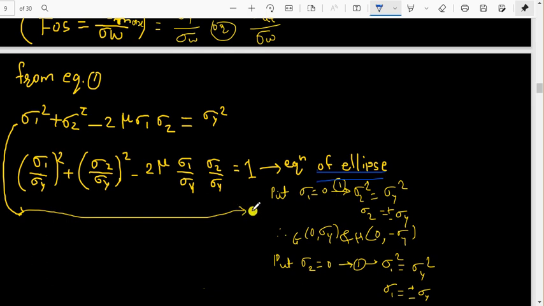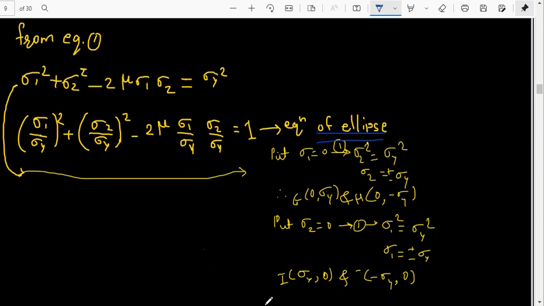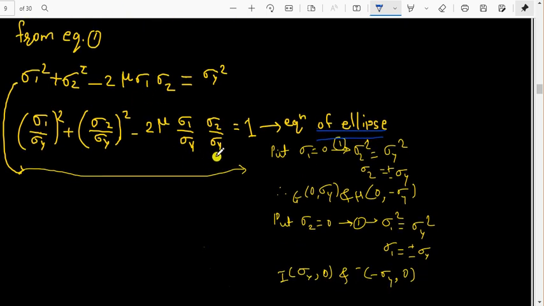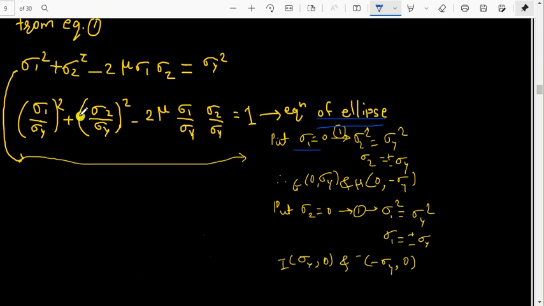So let us find some points so that we can easily draw this equation on the graph. Put sigma 1 equal to 0 in this equation. These terms will become 0, so sigma 2 square is equal to sigma y square, and sigma 2 will be equal to plus minus sigma y. So we will find, let us say, points G and H and put them on the graph.